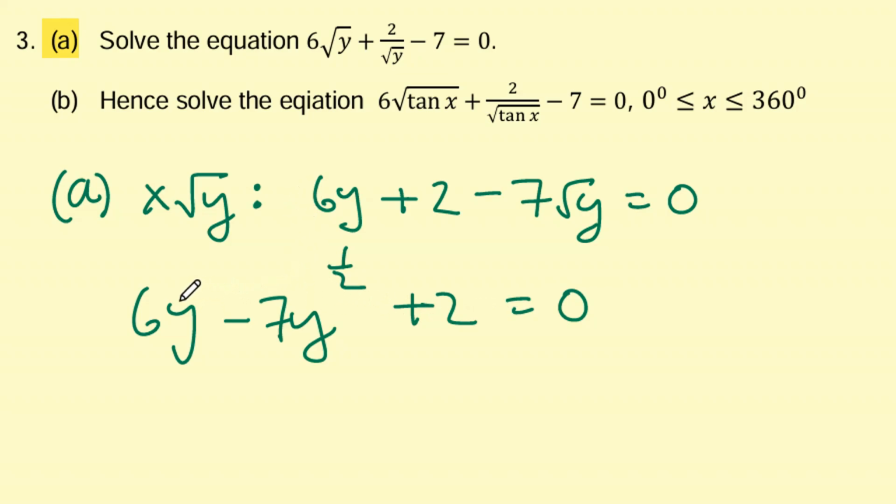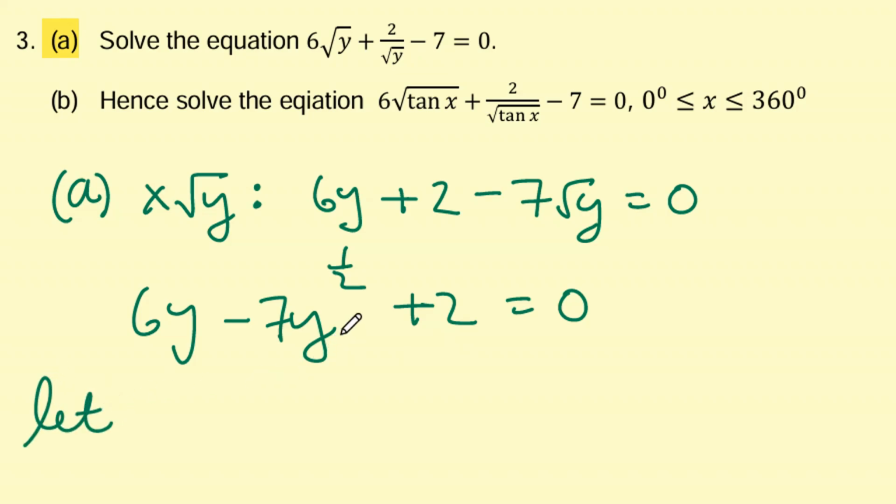Note that the y in the first term has a power of 1. And the y in the second term here has a power of a half. A half is half of 1. So we know this is a hidden trinomial or a hidden quadratic. And we can use k-substitution.